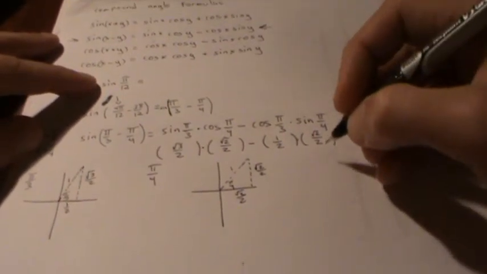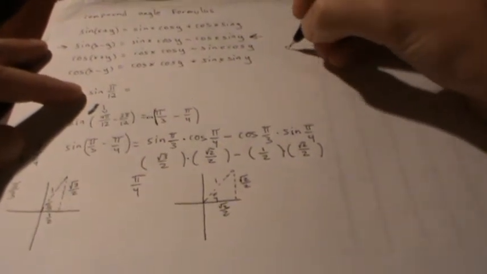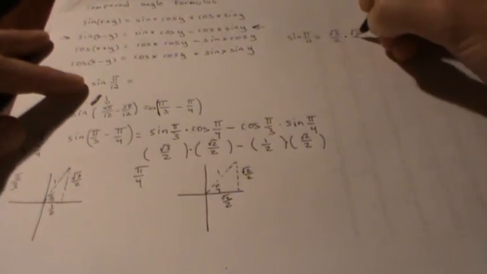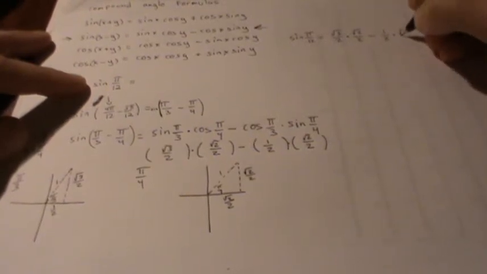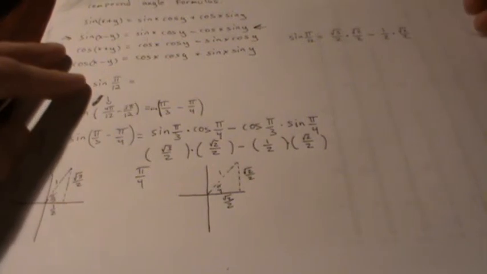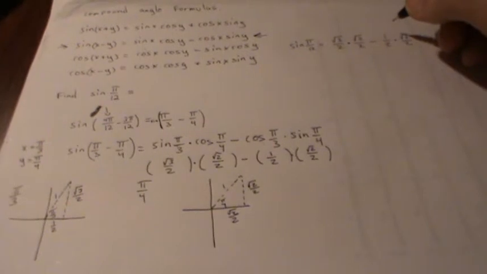So in the end, I'll write it up here. Sine of pi over 12 is equal to the square root of 3 divided by 2 times the square root of 2 divided by 2, minus 1/2 times the square root of 2 divided by 2. And now if I attempt to simplify this fraction here, it's actually going to be reasonably simple.